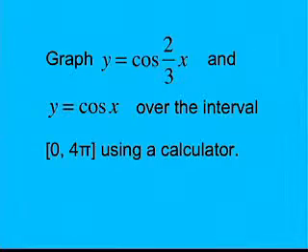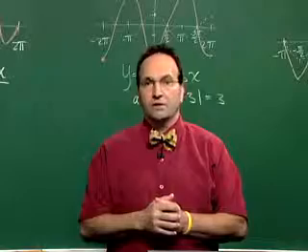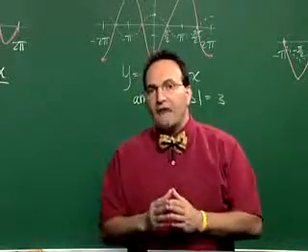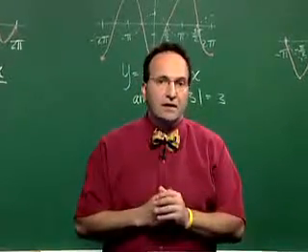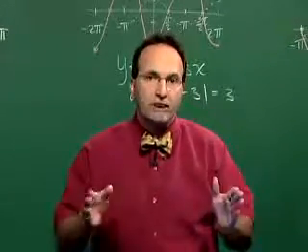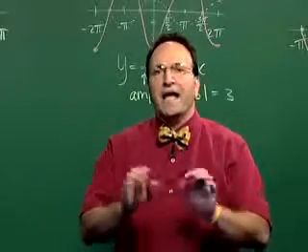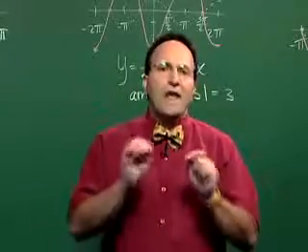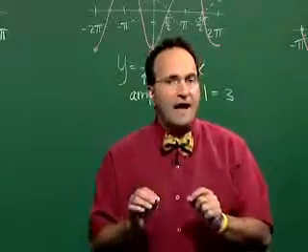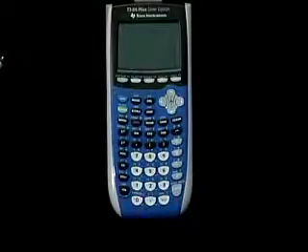Well, this time what I'd like to do is use the calculator to graph those 2 curves. What I've done actually is plugged them into the calculator already, so I don't have to enter the equations, and I've also put the correct interval in there. But let's look at them and see how that 2/3 affects that period. So let's go to my graphing calculator.